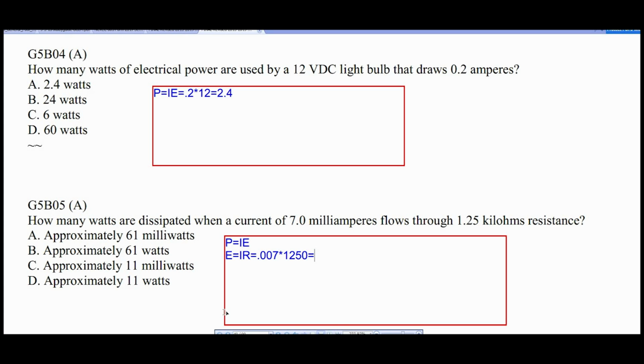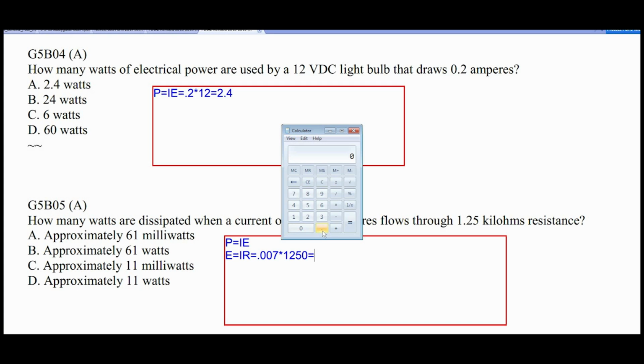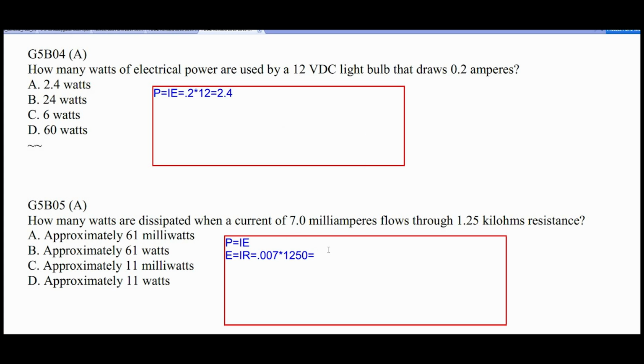what did I do with my calculator? There it is. Okay, so we've got 0.007 times 1250 equals 8.75. 8.75 volts.